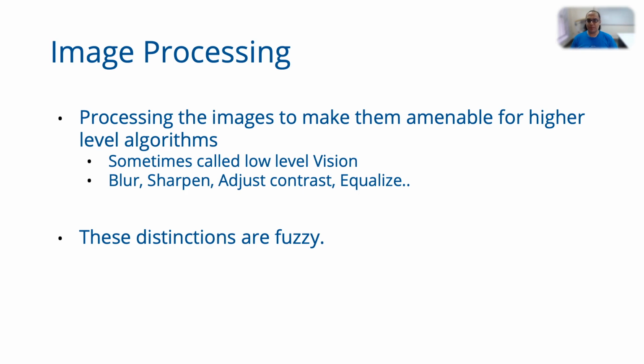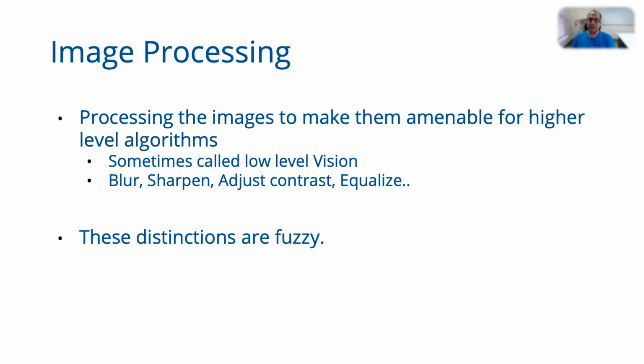So you see that the boundary is very fuzzy, but you have a general idea of what image processing might be made up of. Image processing and computer vision work with images and tell you things about the world.